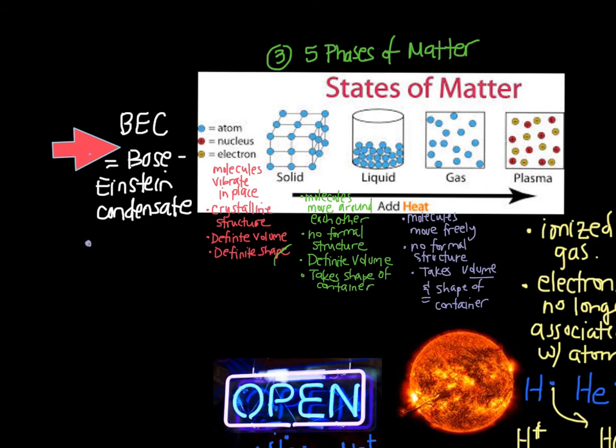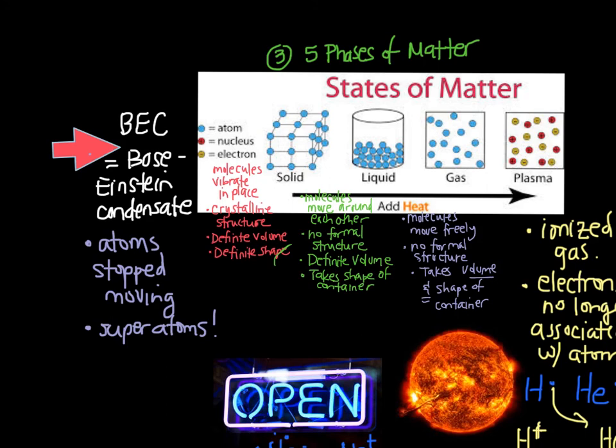And that causes them to sort of cave in on each other and mash together into a superatom. So there's no longer individual atoms. They all kind of just merge together into one big atom. I'm not going to talk a lot about Bose-Einstein condensate, and I don't expect you to know it, although I may ask what the 5th state of matter is on a test for, say, an extra credit question.